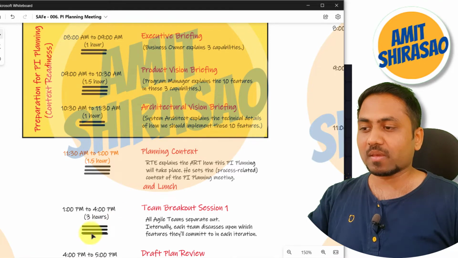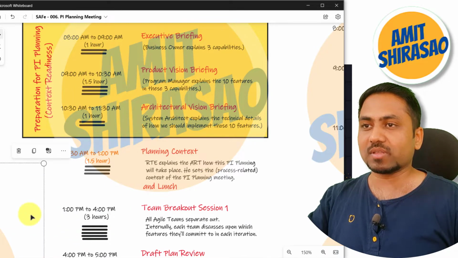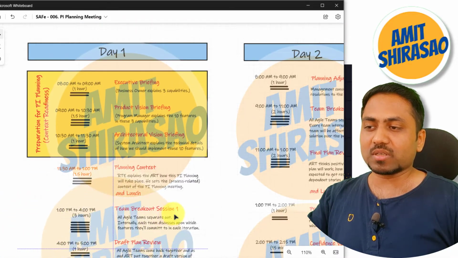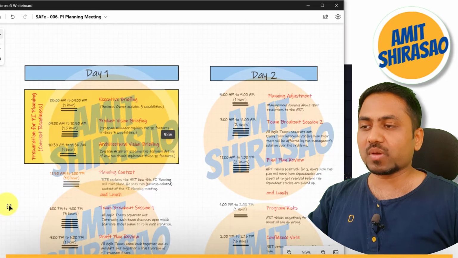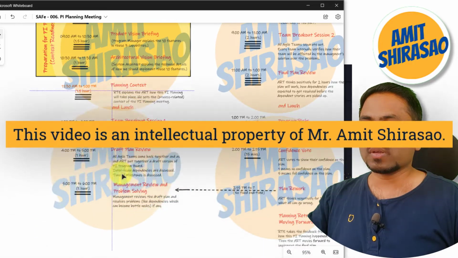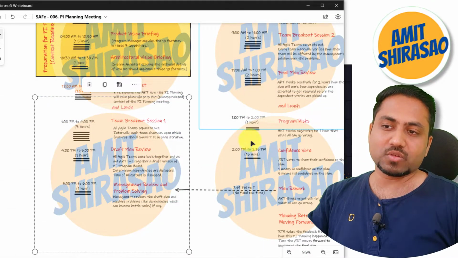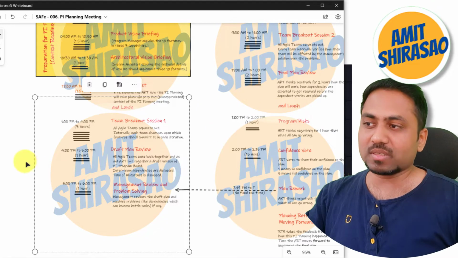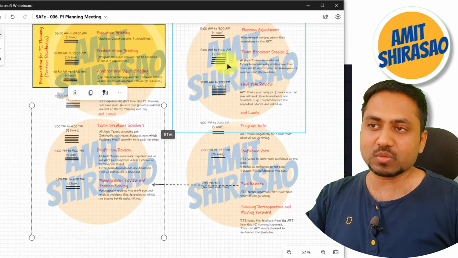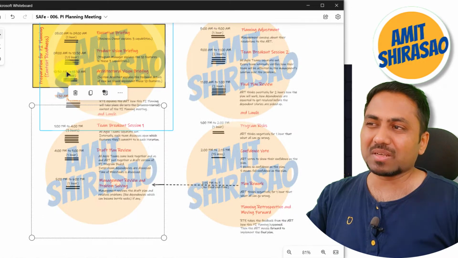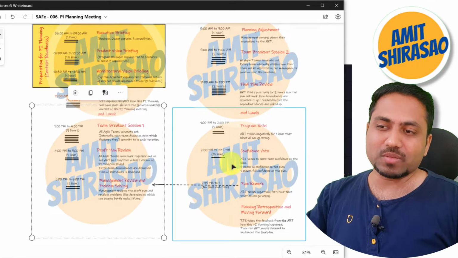So I'll give it 5 underlines, because this is the longest period that you have in these 2 days. So there's the longest amount of time, 3 hours. Other than that, there's 2 hours, which is the second longest amount of time. This is just 1 hour, 1.5 hours, and even 15 minutes.